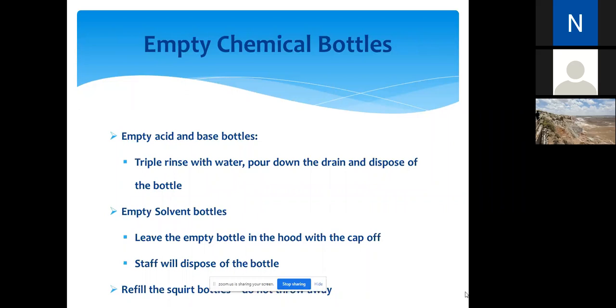So with the solvents, you leave them with the caps off so they can evaporate. Your staff members or your professors will come and collect the empty bottles. Or if you need to reuse them for something else, then your professor or the cleanroom technician, whoever the staff member is that takes care of those things, will help you with that.